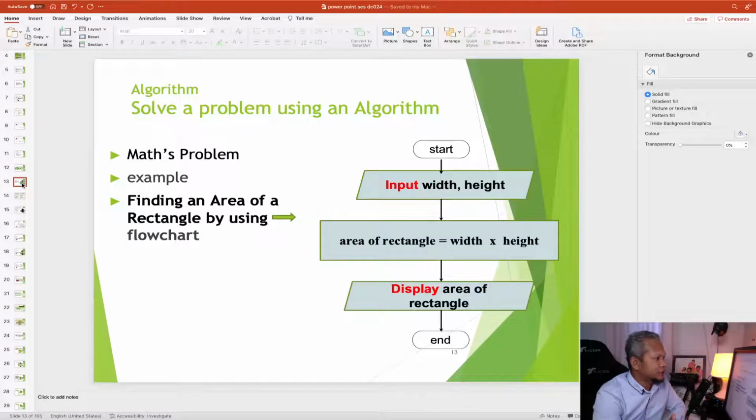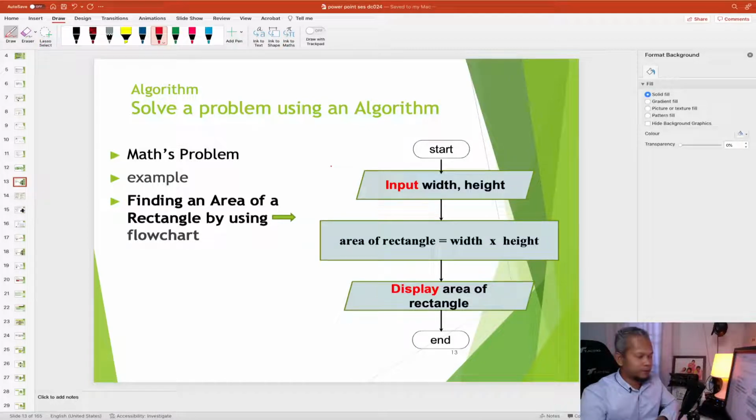Okay, look at solving a problem using an algorithm. For a math example, find the area of a rectangle using a flowchart. So now I need to explain how we can use it.